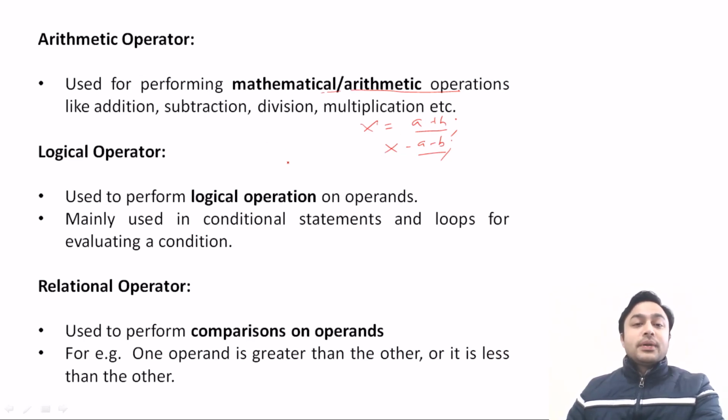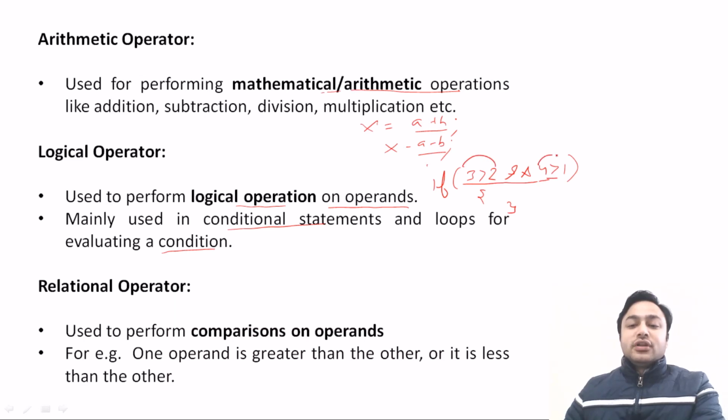In case of logical operator, these are used to perform logical operations on operands. These are mainly used in conditional statements and loops for evaluating a condition. For example, if 3 is greater than 2 and 4 is greater than 1, this condition will be checked.